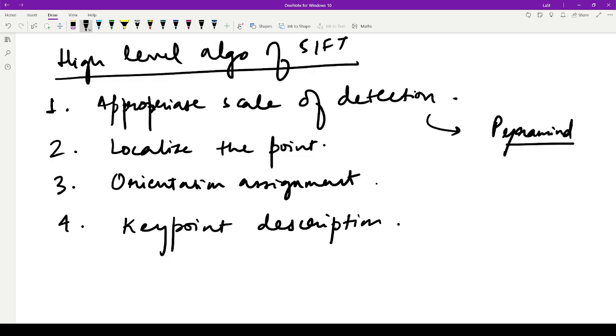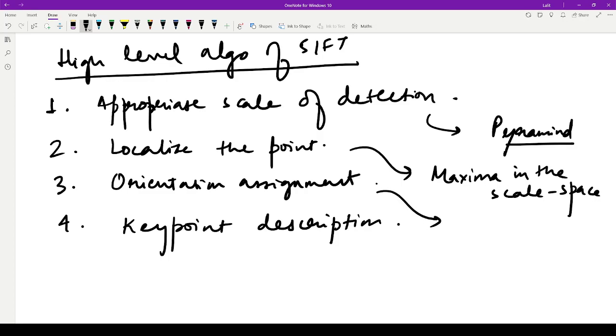And then once scales are detected, you have to localize the point, which is done with maxima in the scale space. So once you have the maxima in the scale space, you can do orientation assignment using gradient information. Once you have gradient information, you can create a descriptor with these gradients.